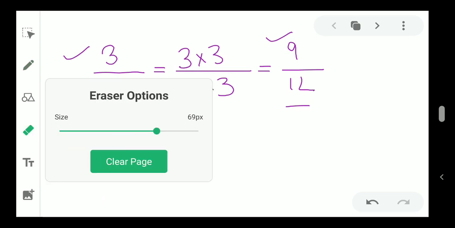Now if you have 3 by 4 equal to, let's say, x by 24, that means you don't have anything here and you have to find what is here.